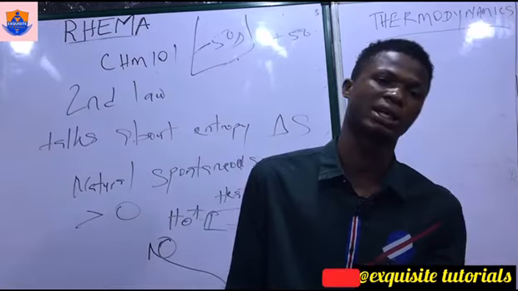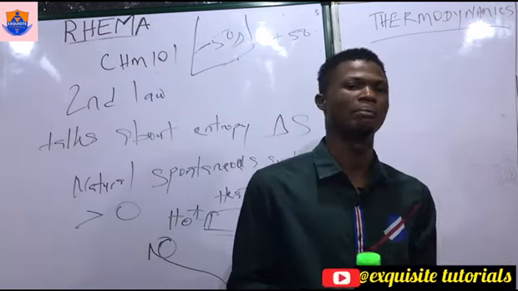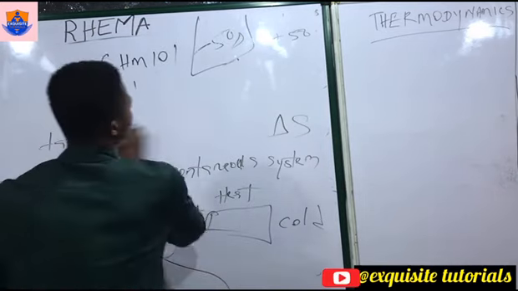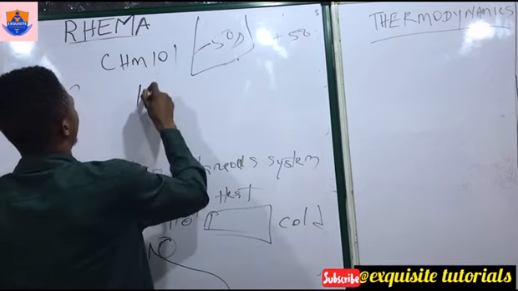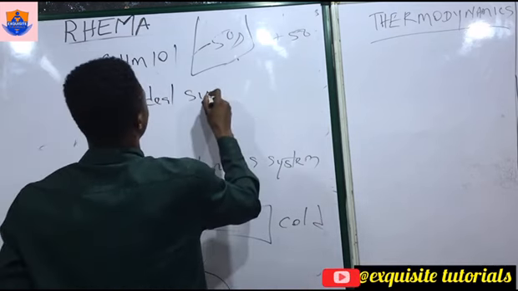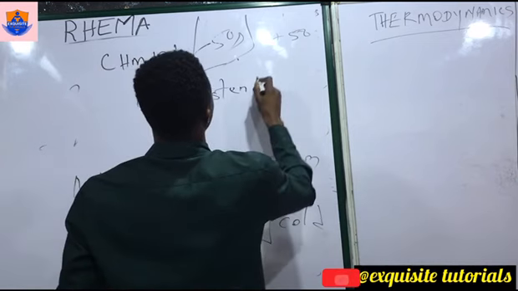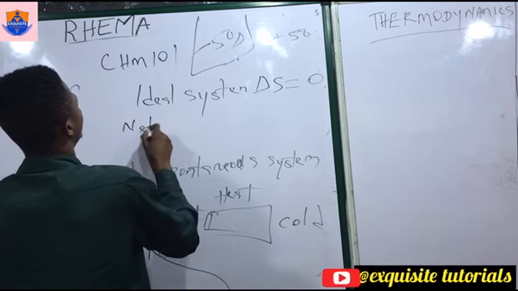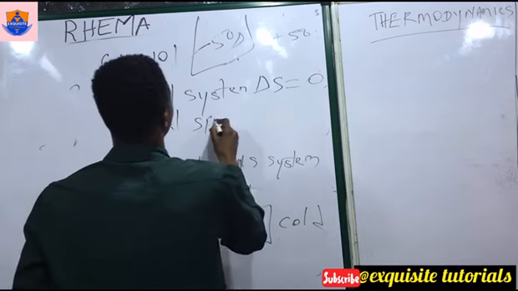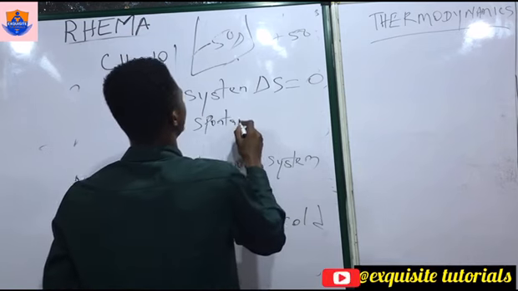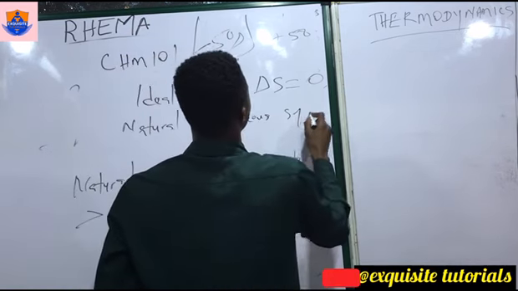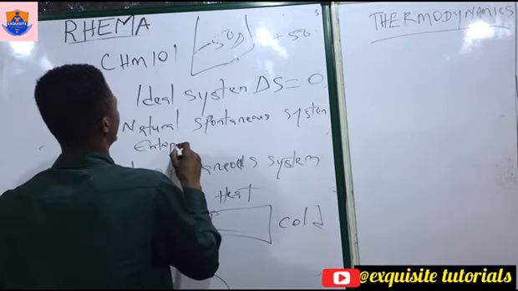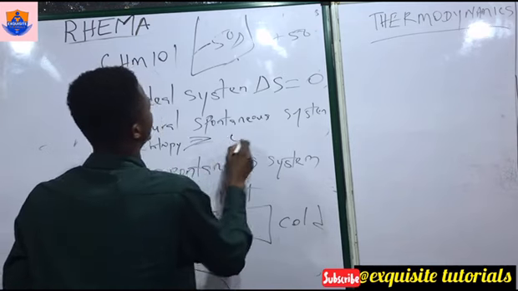And one thing you should also understand is that for an ideal system, entropy is equal to 0, but for a natural spontaneous system, entropy is greater than 0.